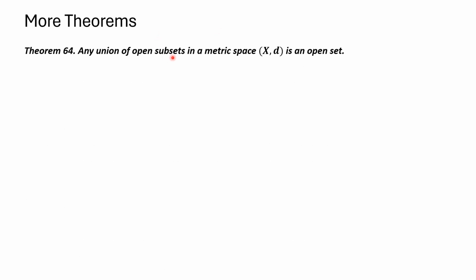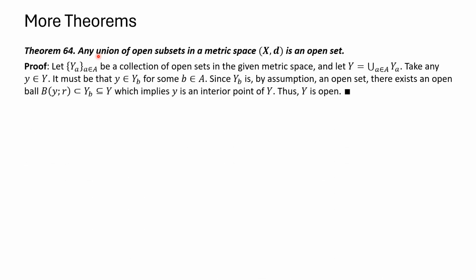Let's look at another theorem. Any union of open subsets in a metric space is an open set. So the key word here is any. It can be an infinite set, and it could even be an uncountably infinite set. So the set that's larger than the cardinality of the integers.